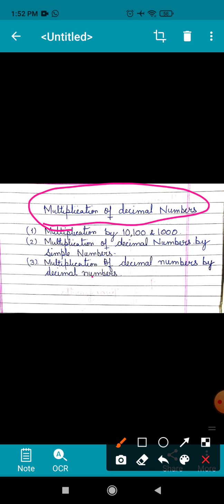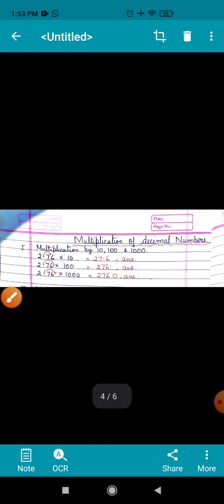How can we multiply the decimal numbers by simple numbers, and how can we multiply the decimal numbers by decimal numbers? Okay, so let us start. First one is multiplication of decimal numbers. Children, here multiplication by 10, 100 and 1000.